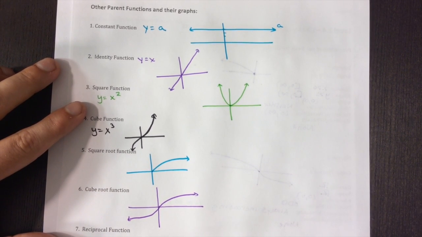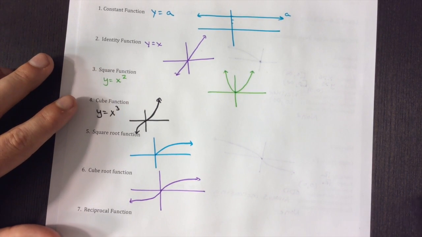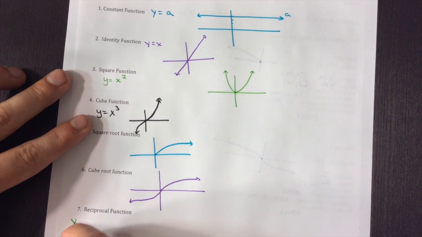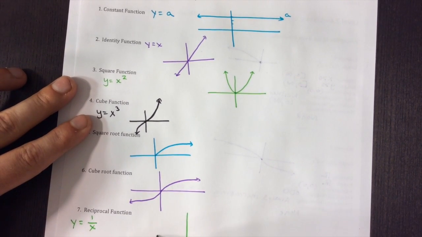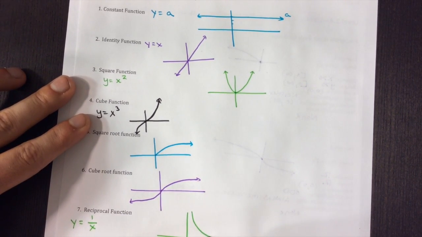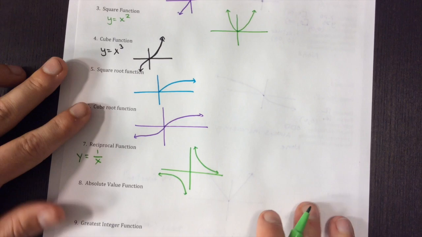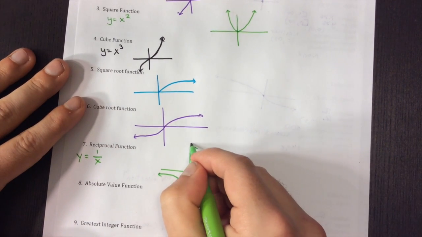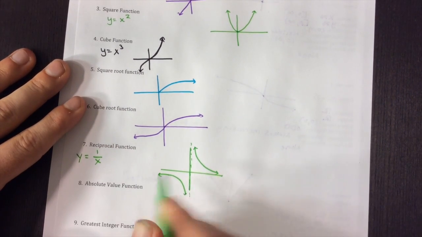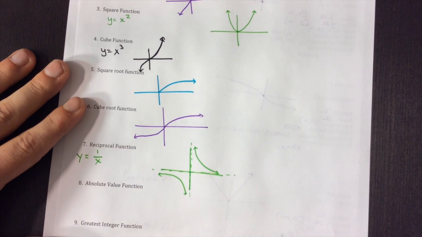Our reciprocal function, which is where we're starting to get into material that might be a little more foreign to people. That is y equals 1 over x, and that is a swoosh here and a swoosh here. This reciprocal function is odd. It also has an interesting thing happen at the origin where it can't be.